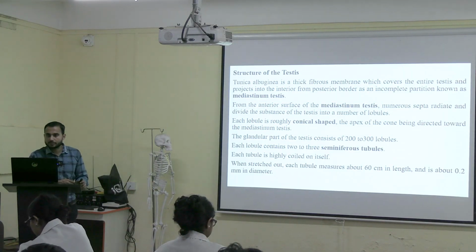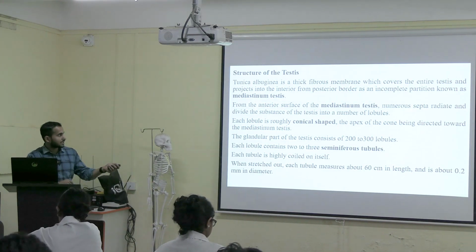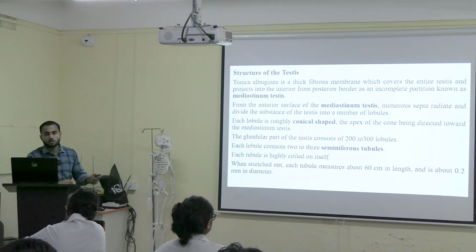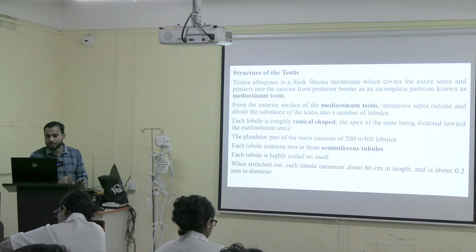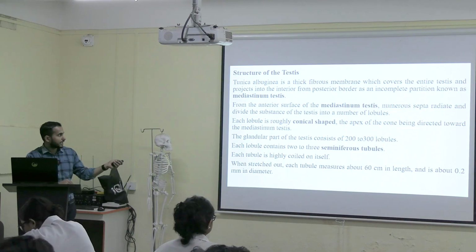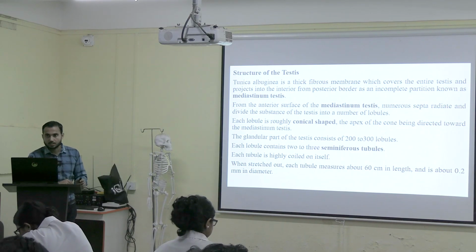Next, from the anterior surface of the mediastinum testis, the septa will radiate and divide the substance of the testis into numerous lobules. If you take one particular lobule, it is conical in shape. Each lobule is roughly conical in shape, and the apex of the cone is directed towards the mediastinum testis.